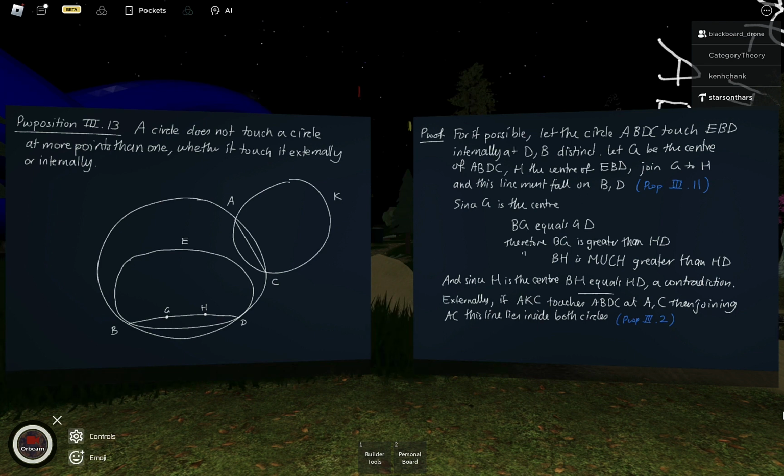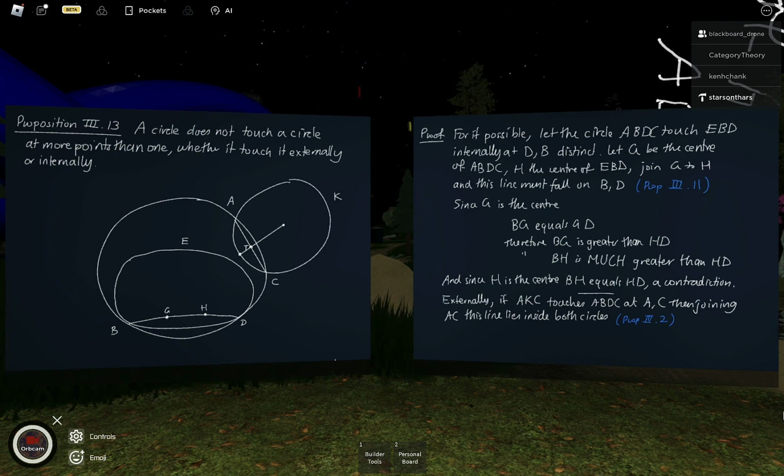So I'll sketch an idea that comes to mind, which is bisect AC, call it T, and draw a line from the center of AKC through T that meets the circle AKC at this point, and we'll have a contradiction if that final point I marked is actually internal to ABD.